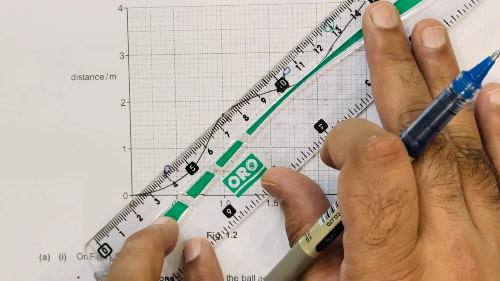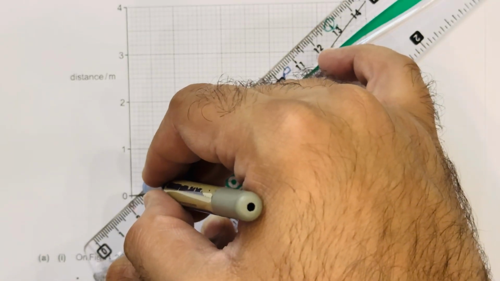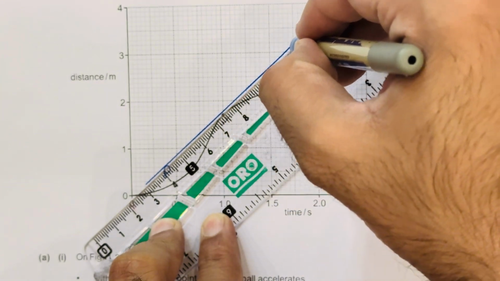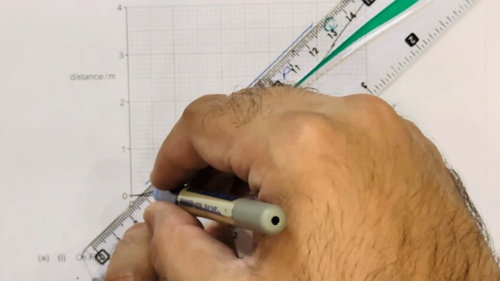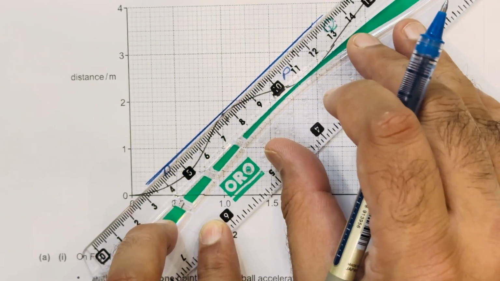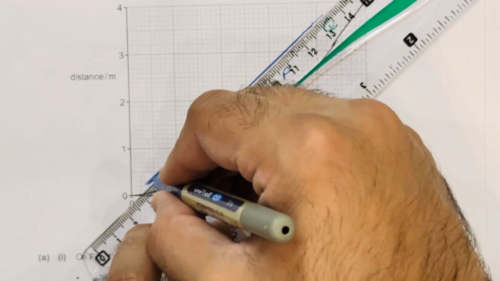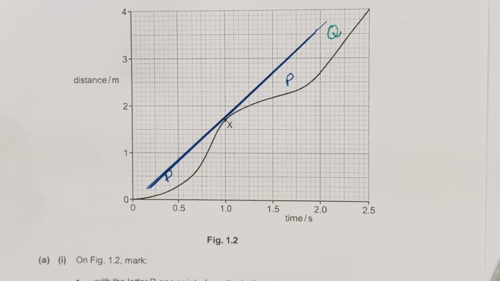So first we need to draw the tangent, and from the tangent we can measure the gradient. Okay, this will be exactly this, or you can say this point is just tangent to it.